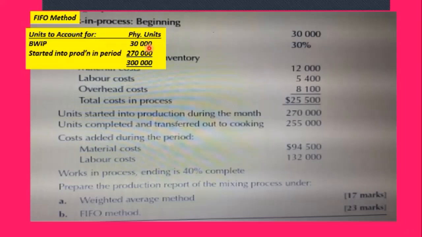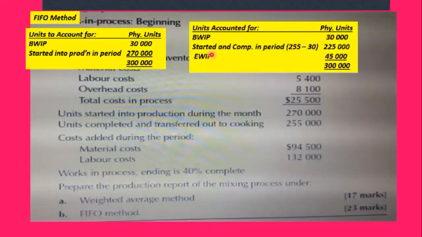and we take the opening stock of 30,000, and we started into production during the month 270,000. So those are the two that we have to account for, and they equal 300,000. And we account for them here.